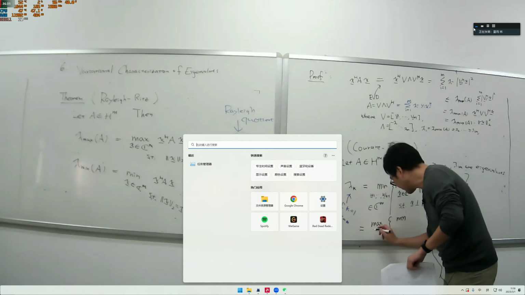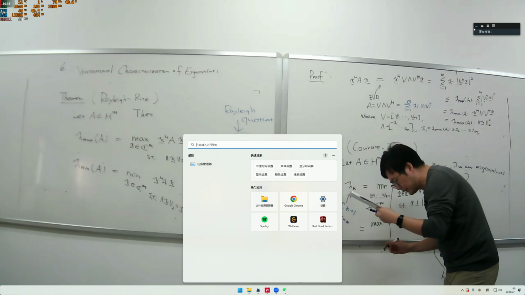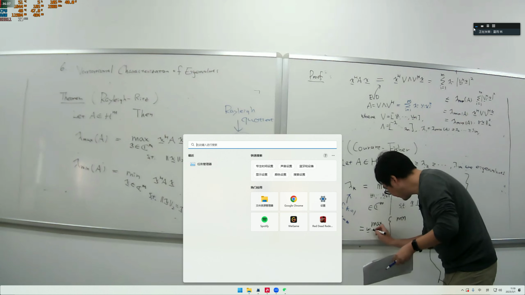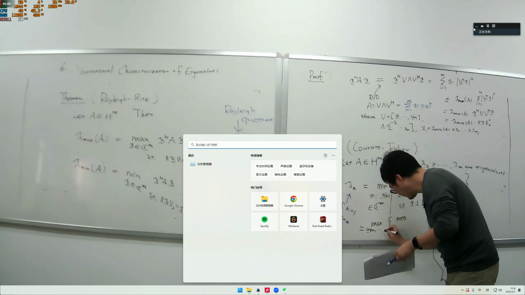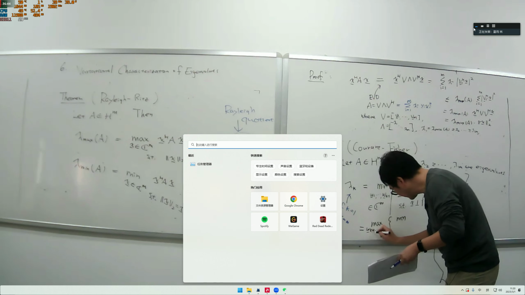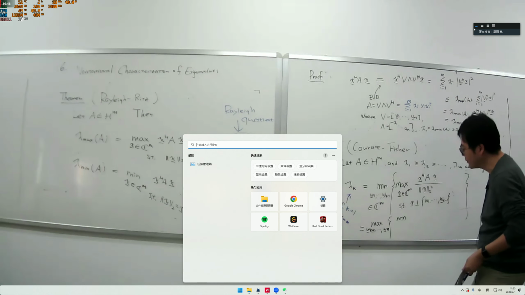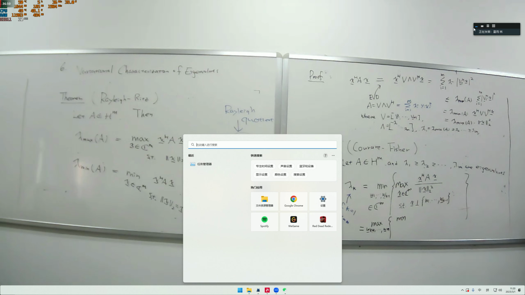For the max-min, now we need to consider lambda k plus 1. Here we have w(k+1), w(k+2) to wm, so m minus k vectors.